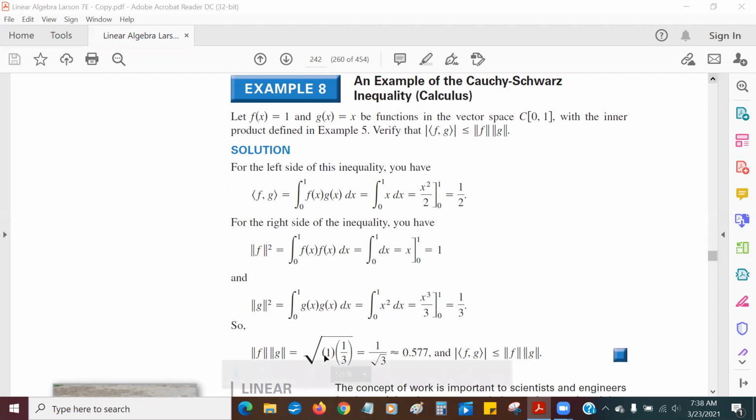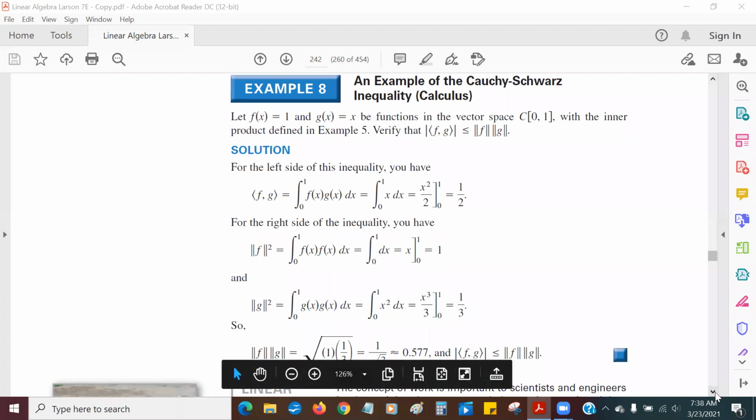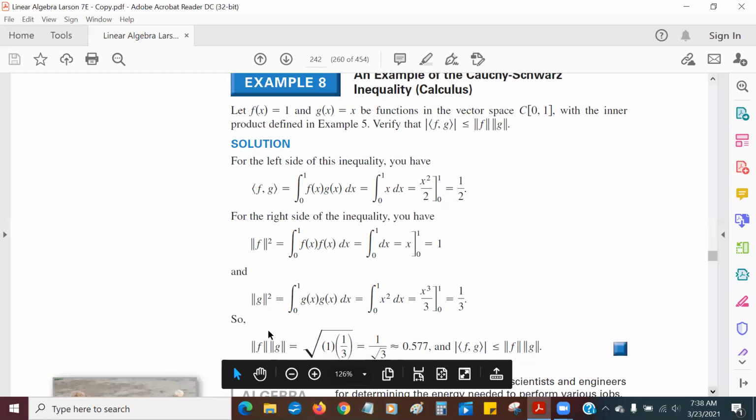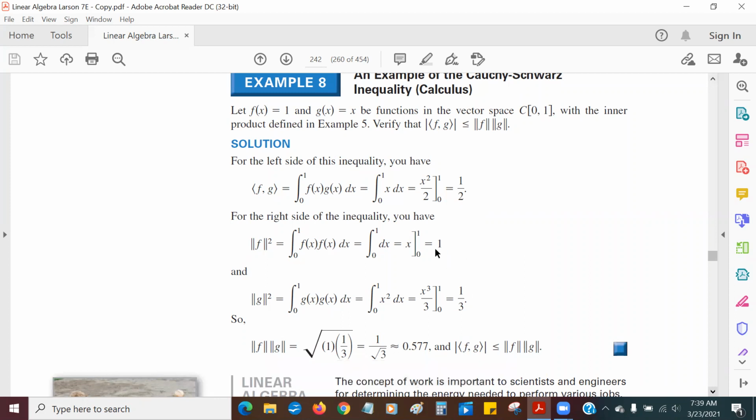So the product of the length of f times the length of g is going to be the square root of 1 times 1/3. Where did this big square root come from? Well, because 1 and 1/3 are not f and g, they're f squared and g squared.